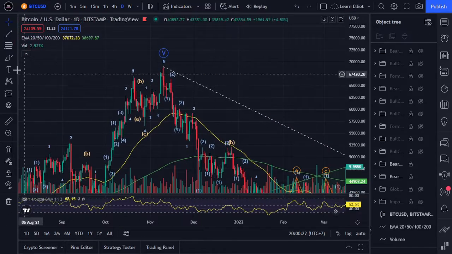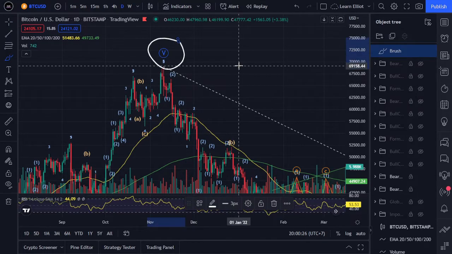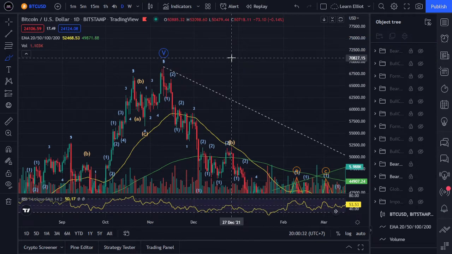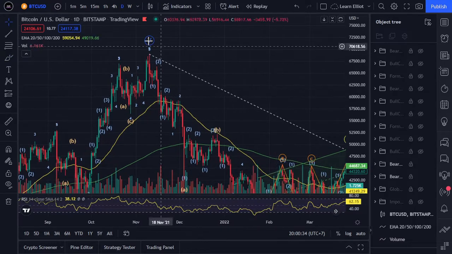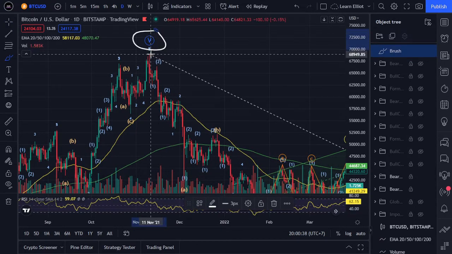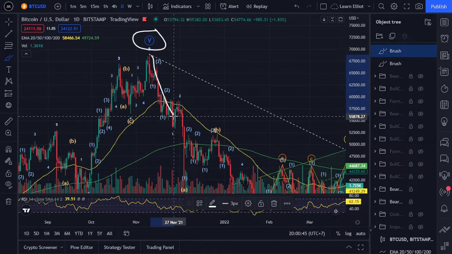So here I have completed 5 impulsive waves to the highest 69k. From this fifth wave we are going to experience a down movement, I'd say a corrective move to the downside.